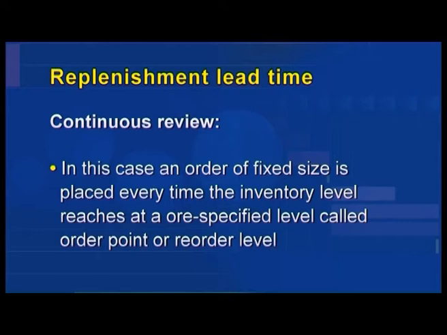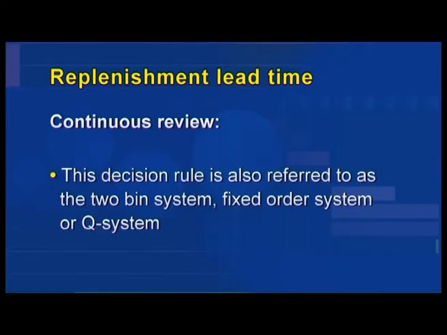In this case, an order of fixed size is placed every time the inventory level reaches a specified level called order point or reorder level. This decision rule is also referred to as the two-bin system, fixed order system or Q system.